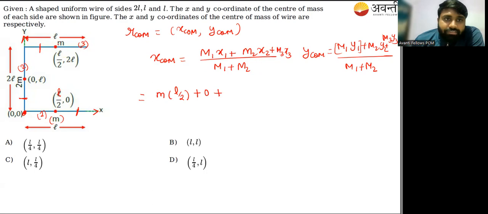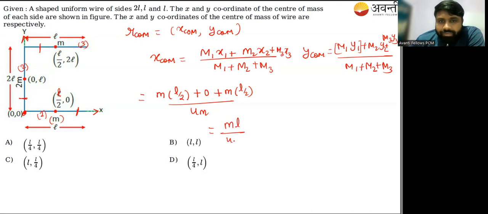Plus m3, this one has small mass m, and the coordinate of its center of mass on the x-axis is L by 2, divided by the sum m1, m2, m3. So m1 we have small m, m2 we have 2m, and m3 we have small m, so it will become 4m. Finally, we have mL over 4m, L by 4. This is the x center of mass.